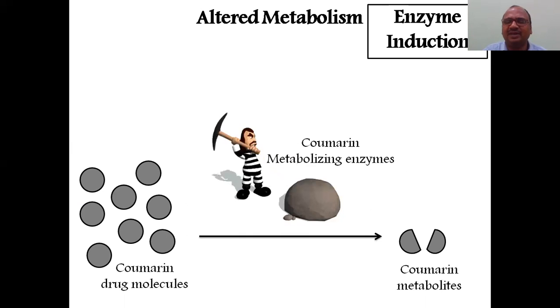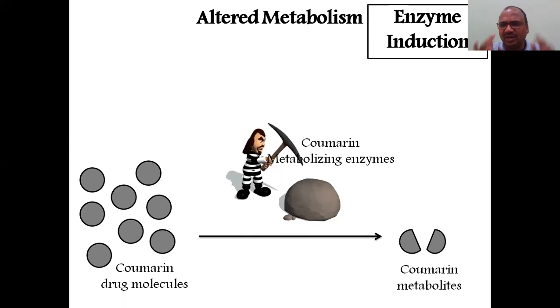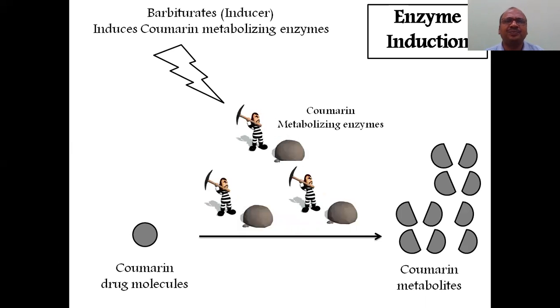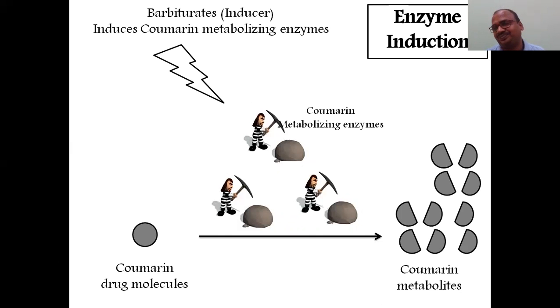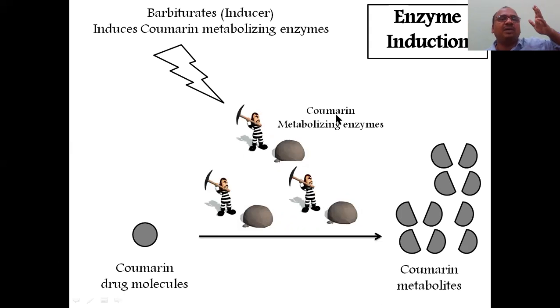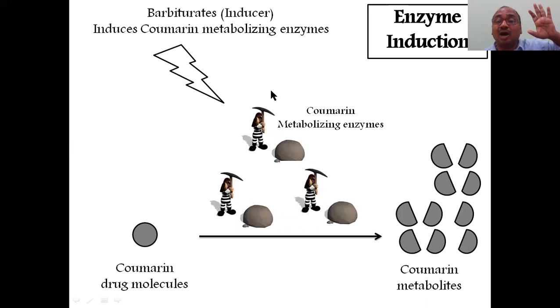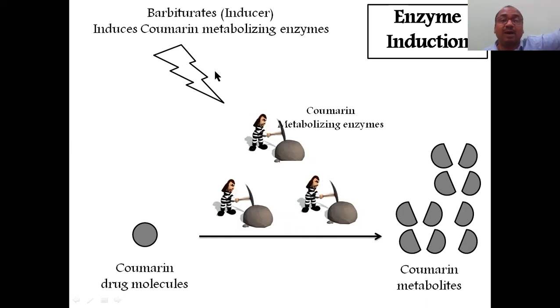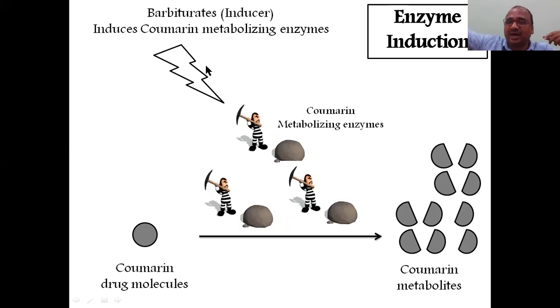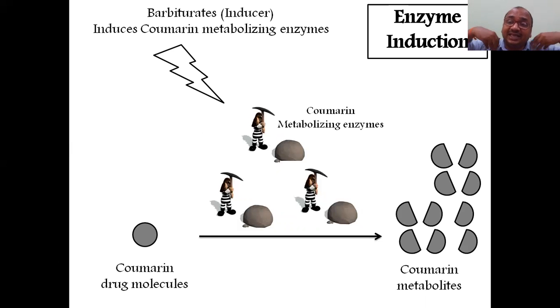This is the situation going on. Now what happened? Barbiturates cause enzyme induction. That's why a barbiturate is called an inducer. It increases the coumarin metabolic enzyme. See where the barbiturates are, where the coumarin is. See, barbiturate is increasing the metabolic enzymes of the coumarin.